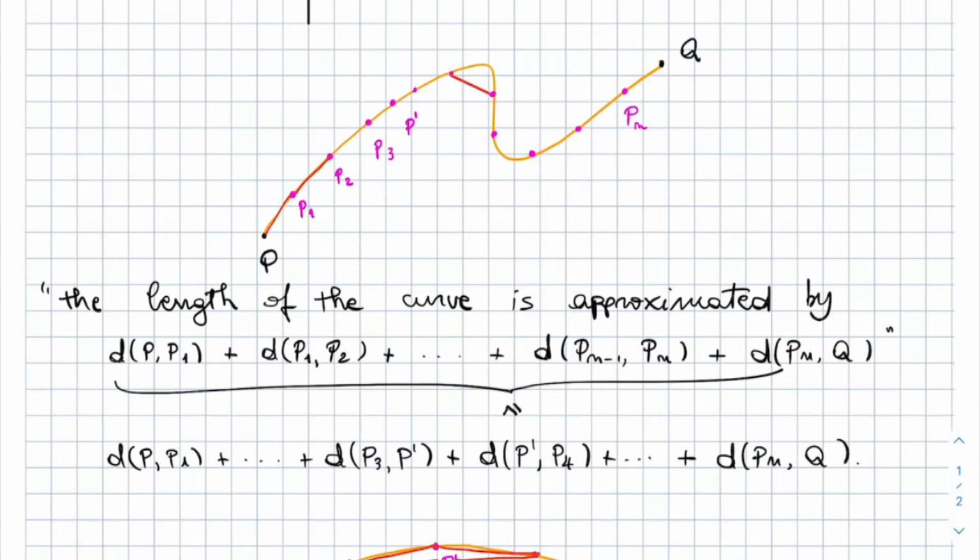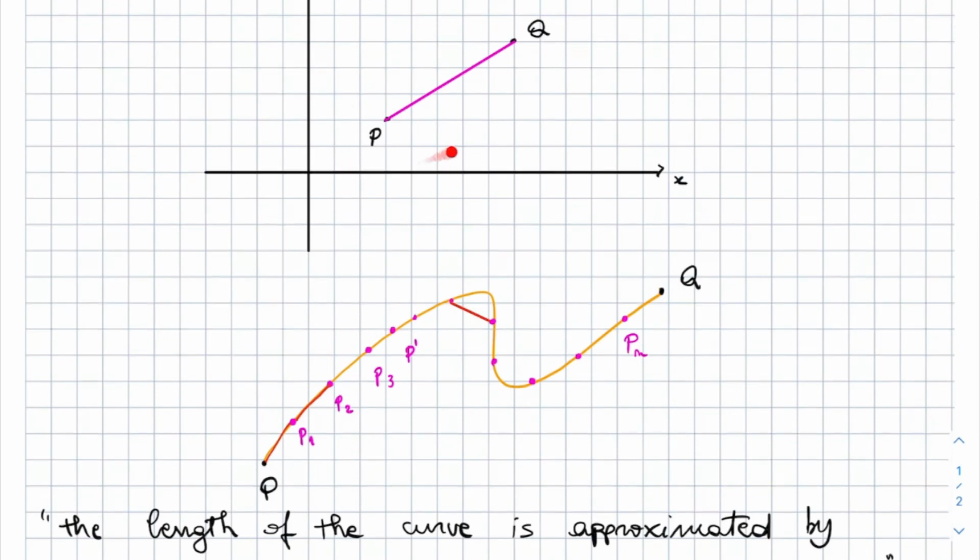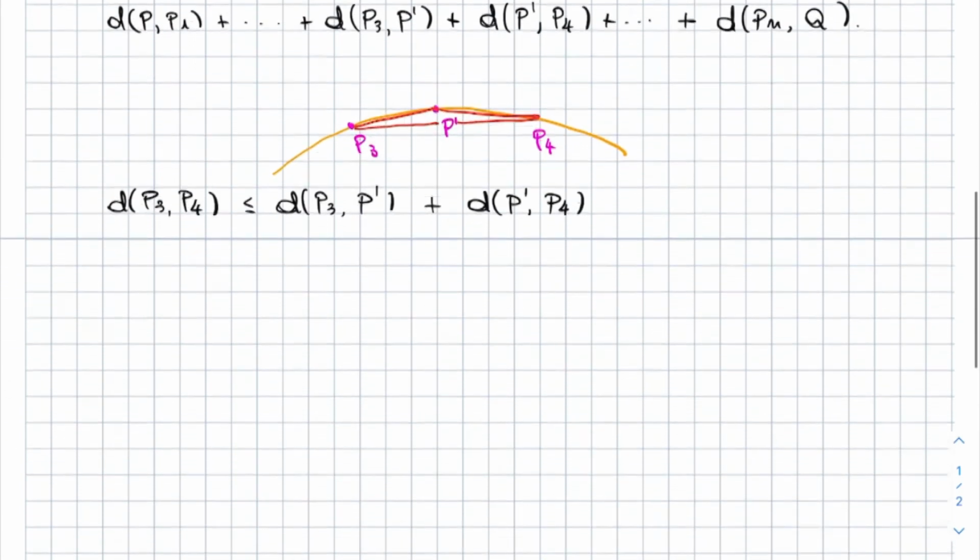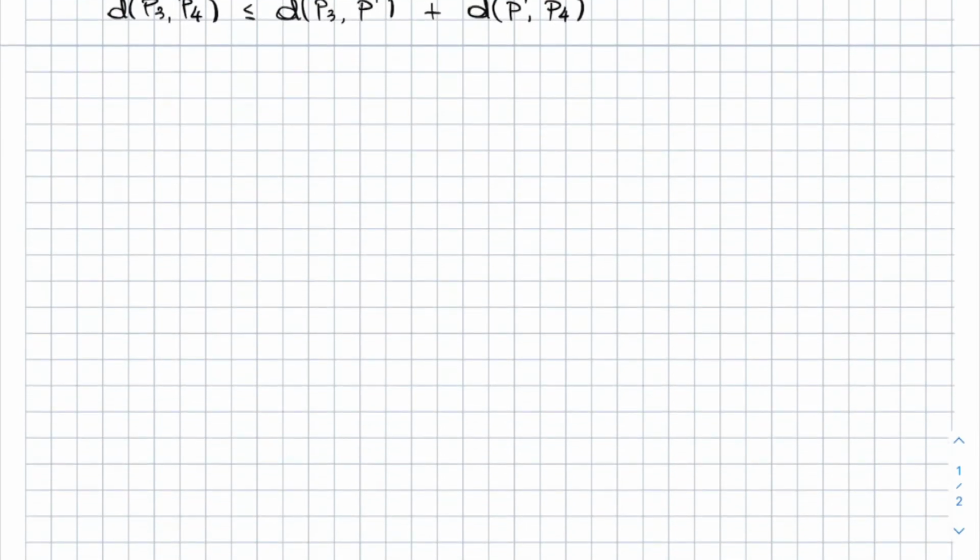For example, the first thing we could do is to try and measure the length of a segment whose endpoints are P and Q and see that the length computed using these sums is exactly equal to the distance between the endpoints, thus recovering what we already know, that the distance between P and Q is exactly equal to the length of the segment connecting them. So let's try to apply this definition to the computation of the length of a segment.